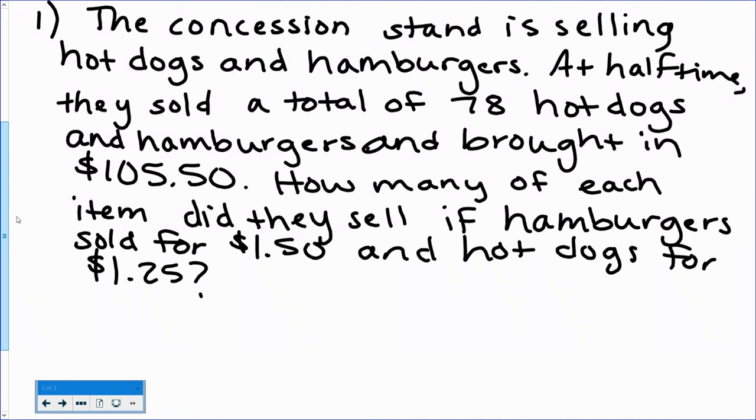So, first thing we want to figure out is our variables. There's two things that we don't know. We don't know how many of each item they sold. All right, what are our two items? Hot dogs and hamburgers. So what would you like to use to represent hot dogs and hamburgers as a variable?